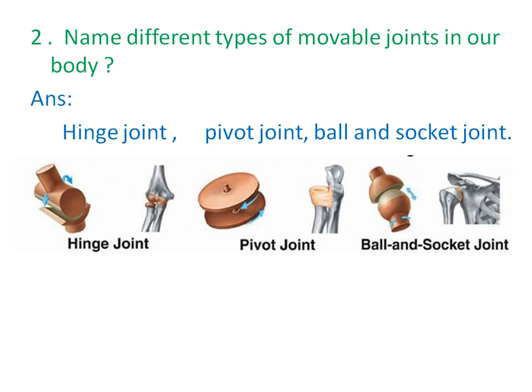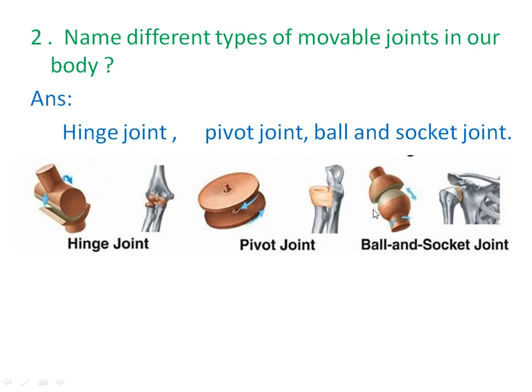And here, ball and socket joint. This picture is the example for the ball and socket joint. The ball shaped end of the one bone fits into the cup shaped socket of the other bone. See, this is the cup shaped socket of the other bone.